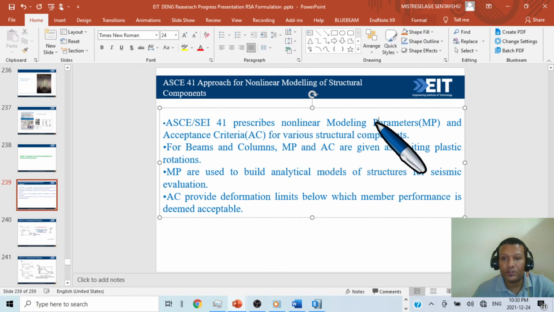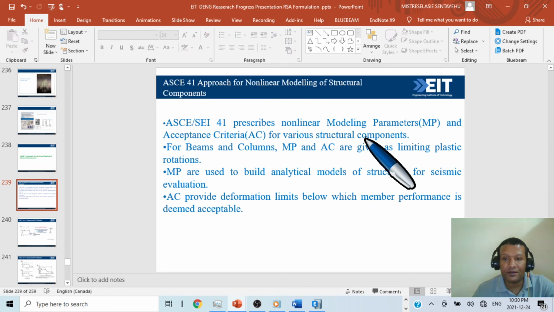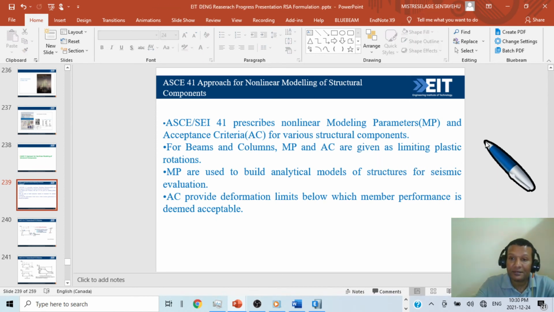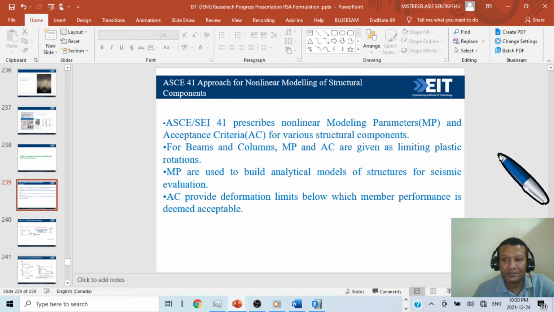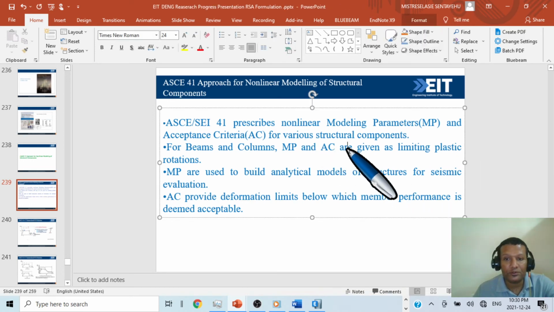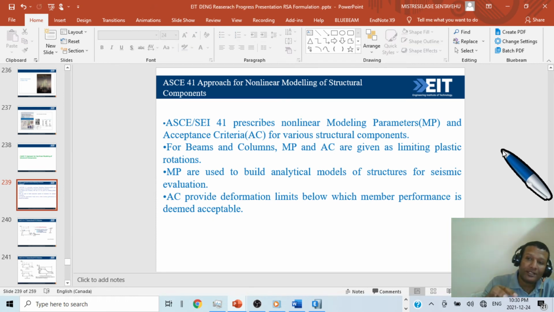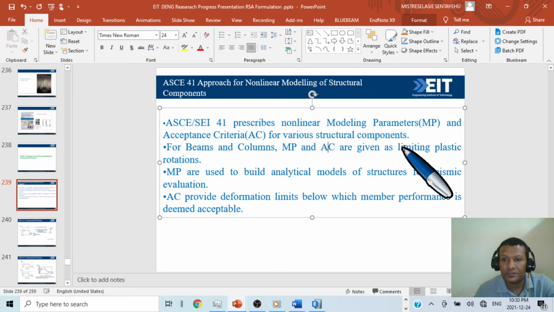So for modeling parameters and acceptance criteria, once we find that, even in ETABS, I will show you, it has the capability for automatic assignment. But it has its own shortcoming also, because when we assign the force deformation and hysteresis automatically, it will not give you an option to choose which type of hysteresis curve you use.